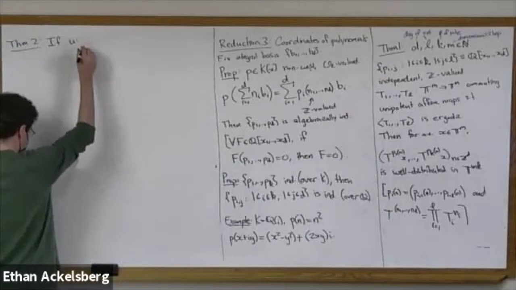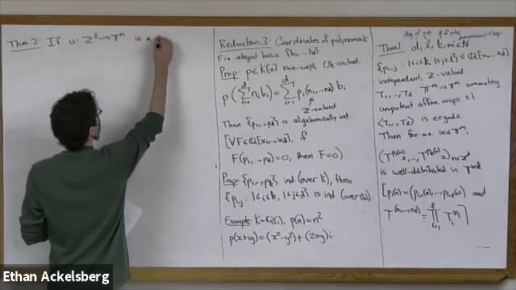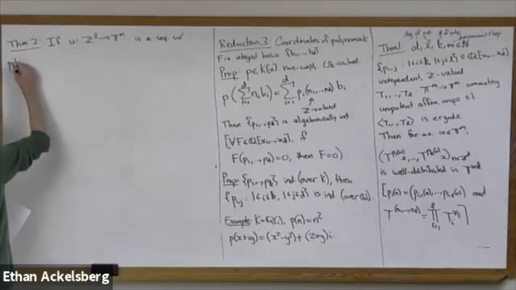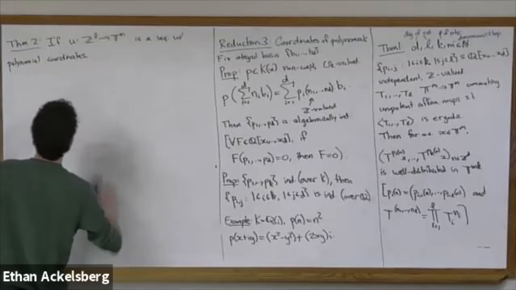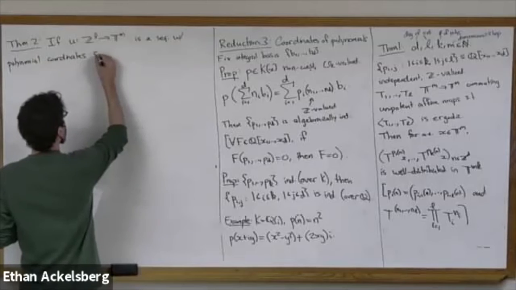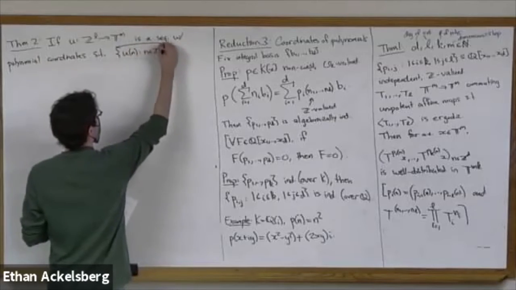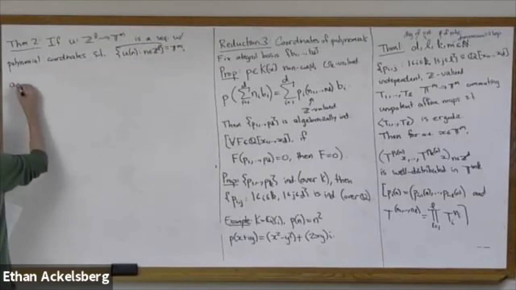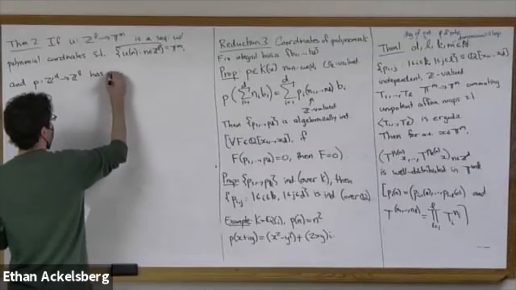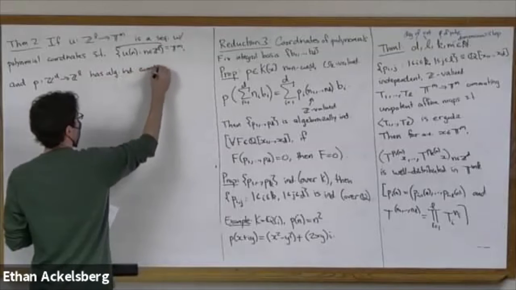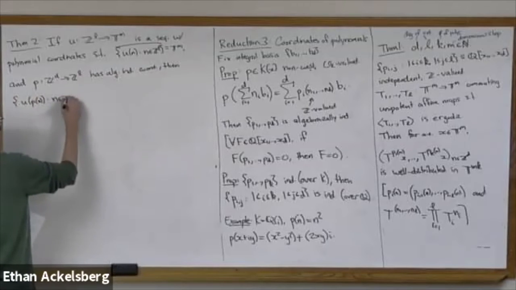So if U is a sequence with polynomial coordinates such that its orbit closure is the full torus, and then we take a polynomial with algebraically independent coordinates, then we can compose with this polynomial, and we will still have the orbit closure being the full torus. This should be Z.